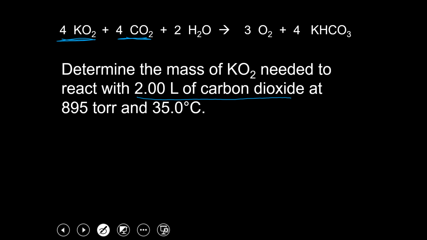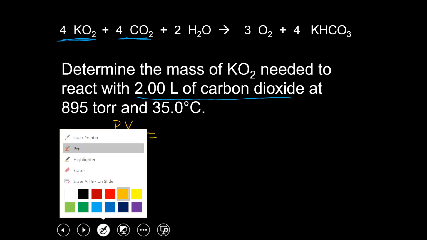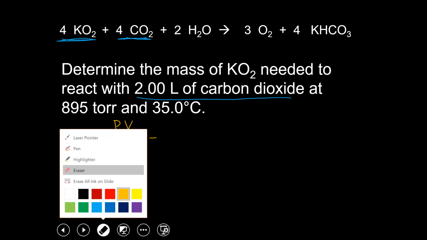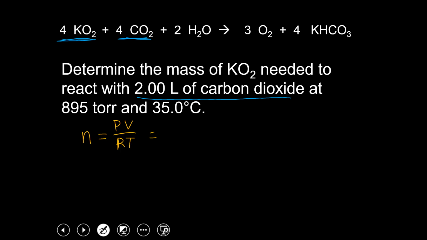I can convert that volume to moles, though, using the gas laws. PV equals nRT, so if I divide both sides by RT, I can get the moles of carbon dioxide.